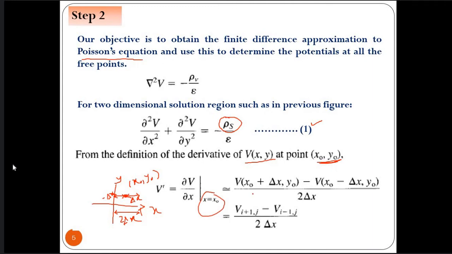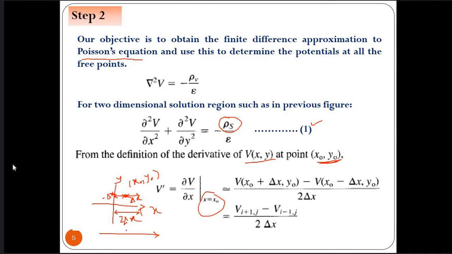So we can write del V del x at x equal to x0 approximately equal to V of x0 plus del x comma y0 minus V of x0 minus del x comma y0, divided by 2 del x. We have to only move along the x-axis because we are trying to find the derivative with respect to x.